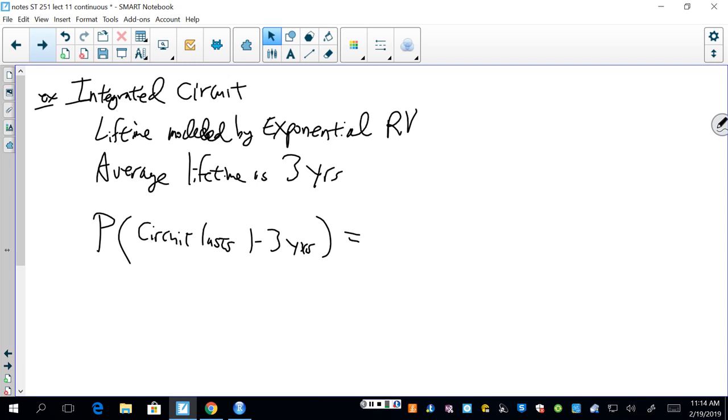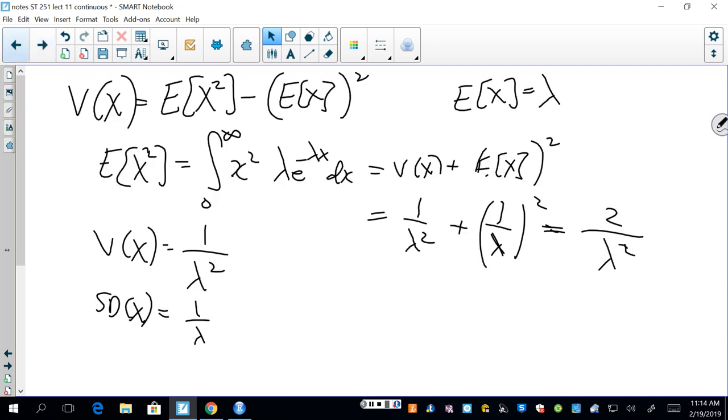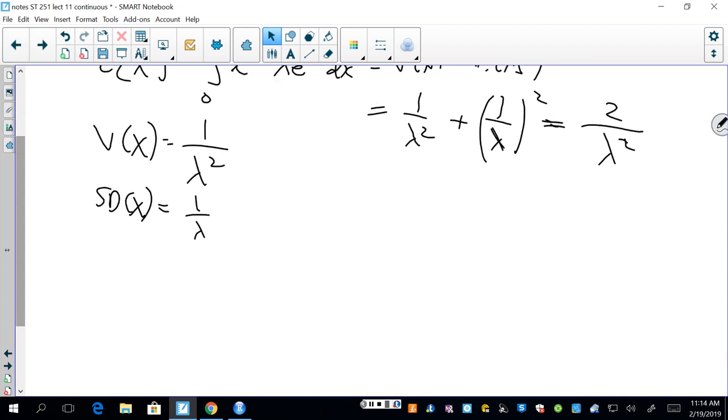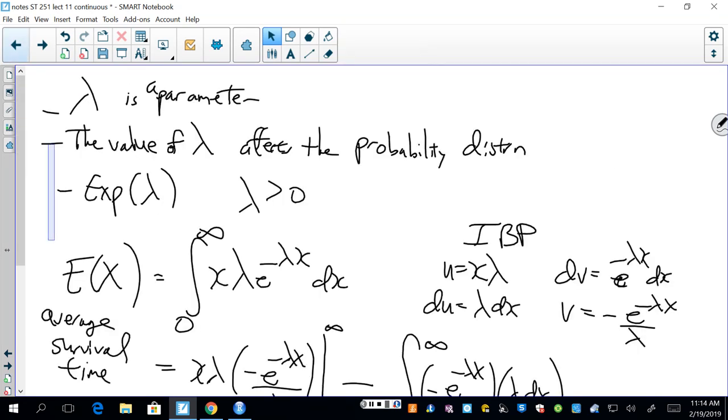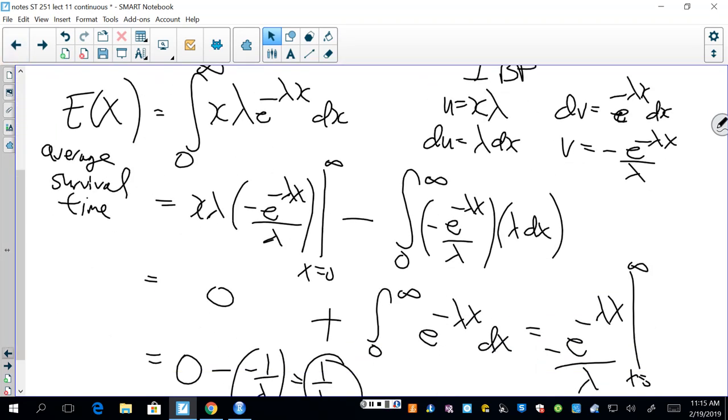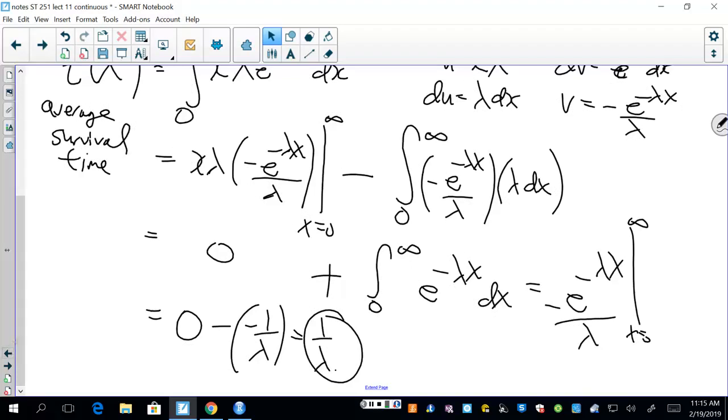What do we know based on this so far? If the average is 3, what's lambda? Like we did in this one, it ends up being 1 over.